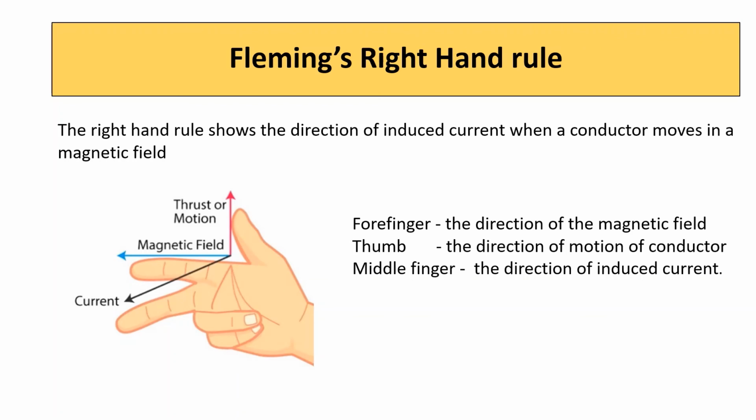The forefinger represents the direction of the magnetic field. The thumb indicates the direction of the motion of the conductor, and the middle finger gives you the direction of the induced current.